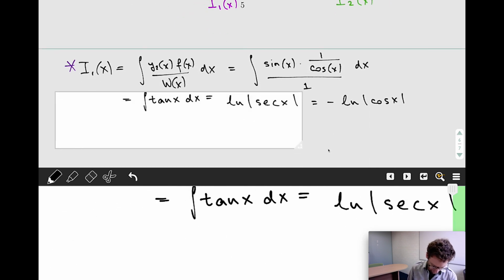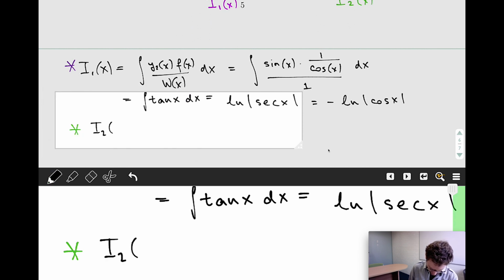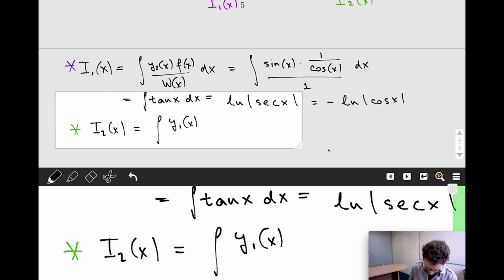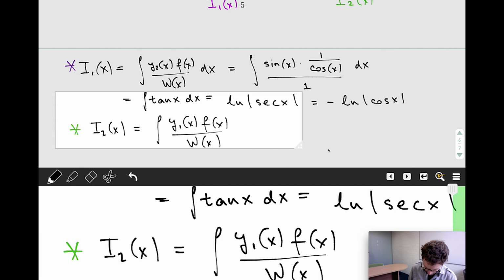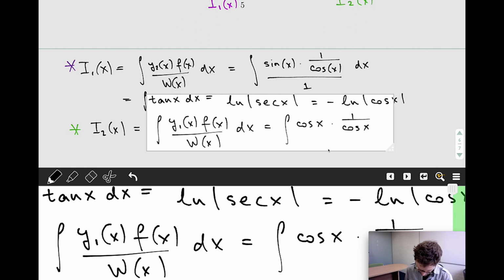What about the other part? I2 of x, that integral was the integral of y1 times f all over W. y1 was cosine, f of x was 1 over cosine, and W was 1.